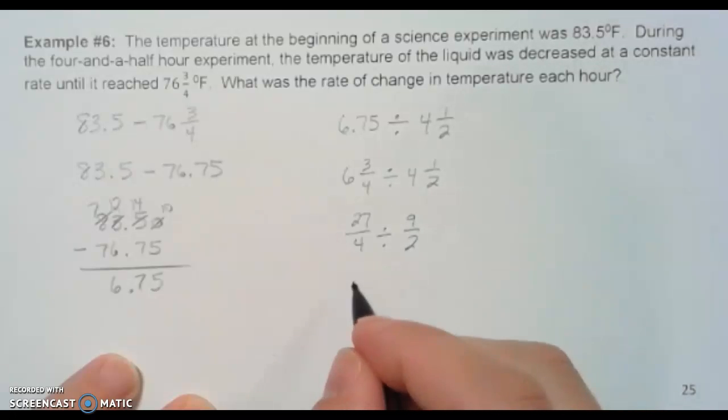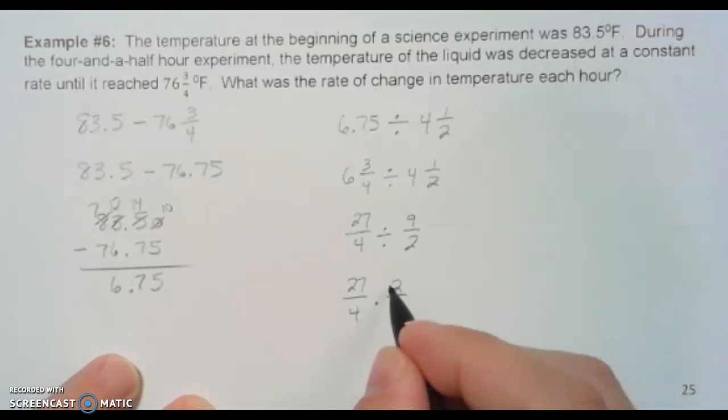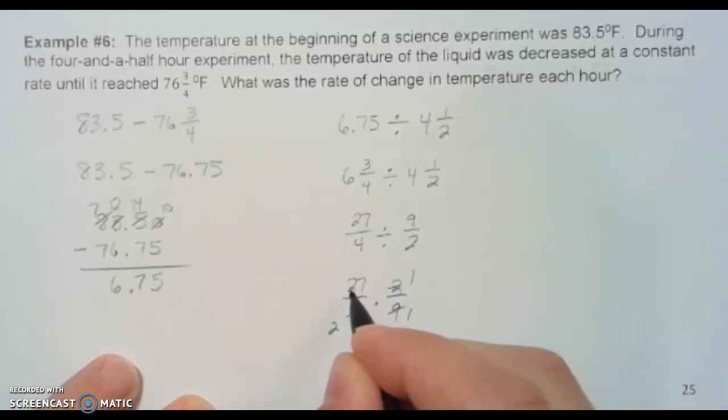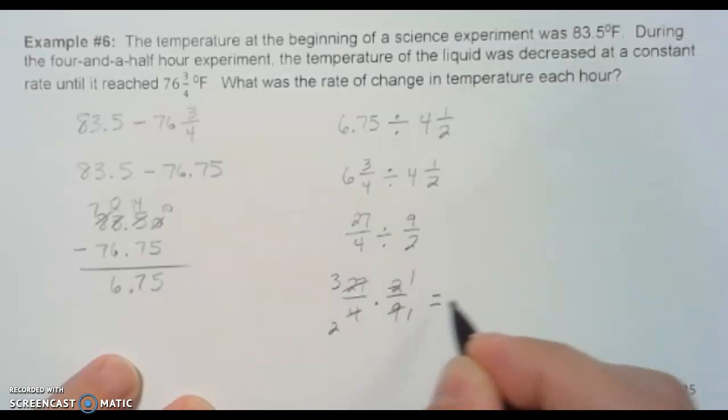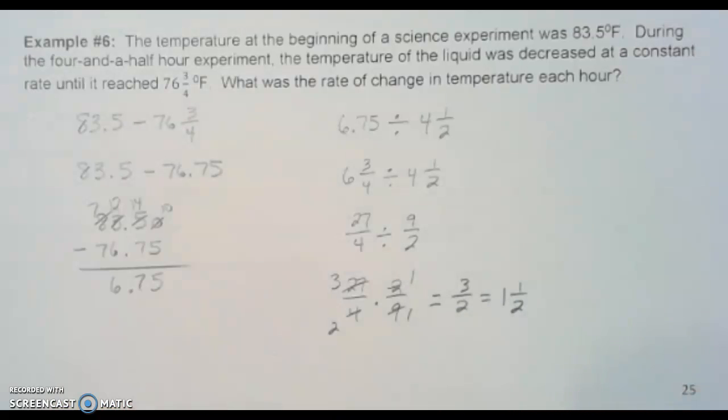And now we'll multiply by the reciprocal. 27/4 times 2/9. 2 goes into 2 once and into 4 twice. 9 goes into 9 once and into 27 3 times. And so this comes out to be 3/2, or 1 1/2. So this means that the temperature decreased 1.5 degrees every hour.